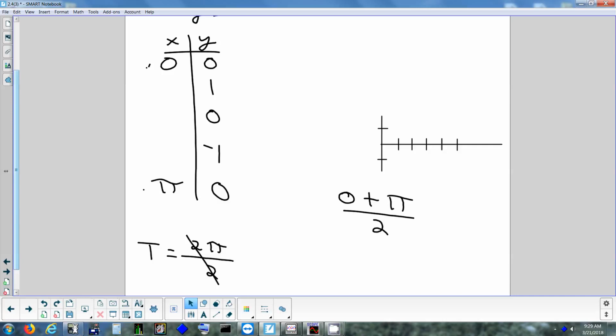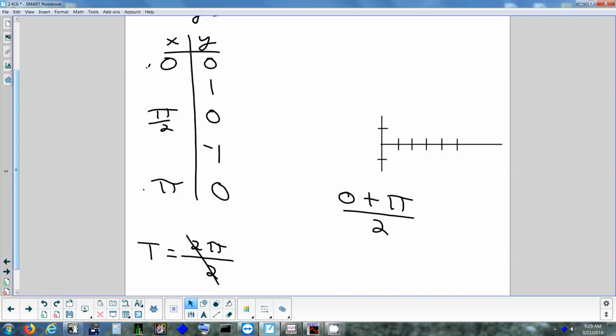Is it 2 over pi? No, pi is on the top, and the 2 is on the bottom. So it's pi over 2. When you average something with 0, you just take half of it. If you got a 70 on a test and a 0 on the next one, it's very easy for me to get your average. I just take half your grade. So every time you average with a 0, it just cuts it in half.